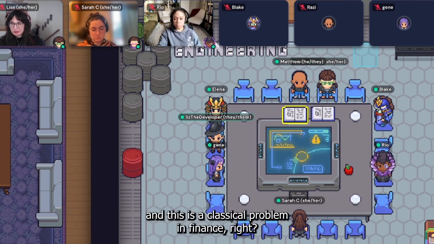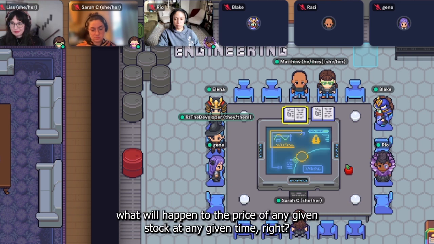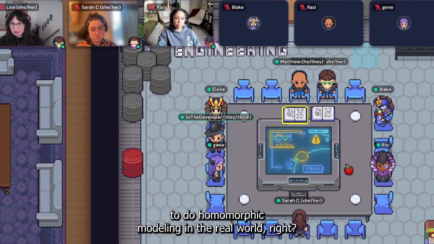And this is a classical problem in finance, right? There's a lot of people spending a lot of money trying to predict what will happen to the price of any given stock at any given time. A lot of people are trying to figure it out. There's a lot of money in figuring that out. So there's a lot of incentive to do homomorphic modeling in the real world, right?